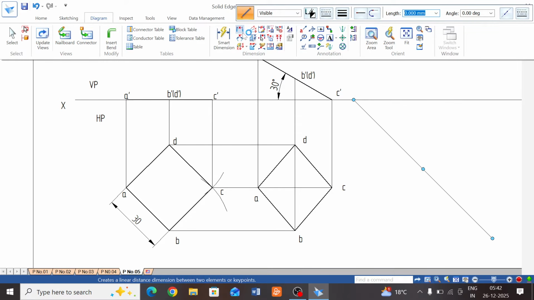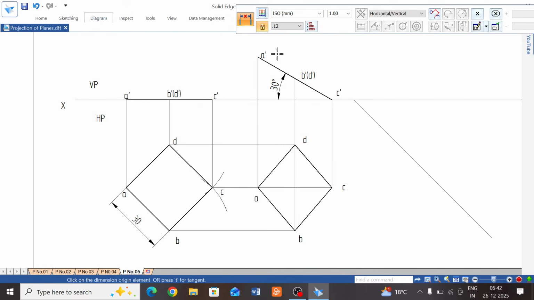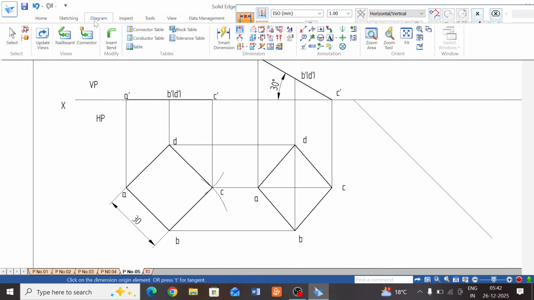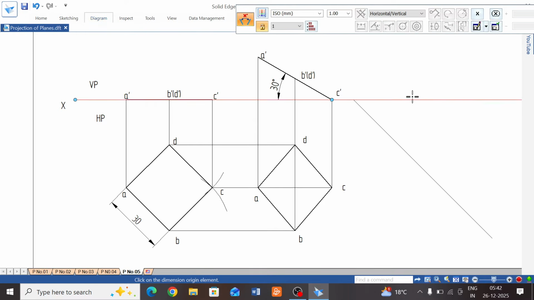Then next we have to show that angle first, without missing. Show the angle with the XY line too. The angle is 45 degrees. Without forgetting, write the angle 45 degrees.